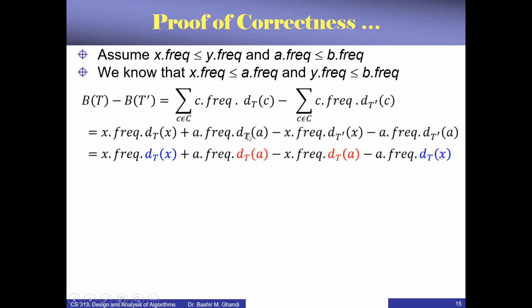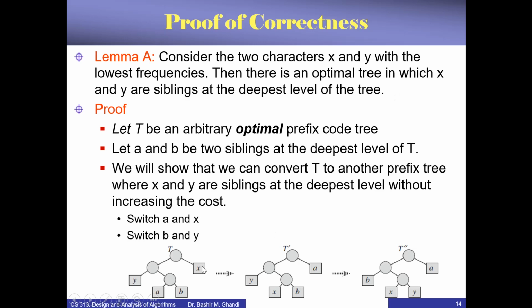So instead of having an expression that involves the positions in both trees, we can make it into an equation that involves the positions in just the first tree, the original tree. Again, just to emphasize this point, the position of x in the new tree is the same as the position of a in the old tree, and the position of a in the new tree is the same as the position of x in the old tree.